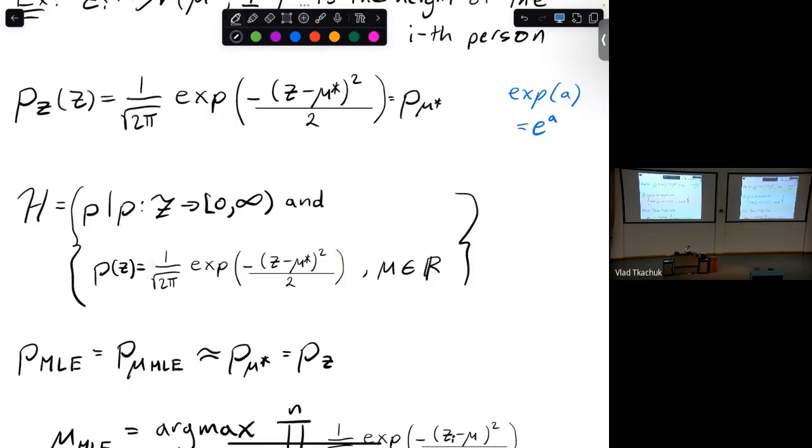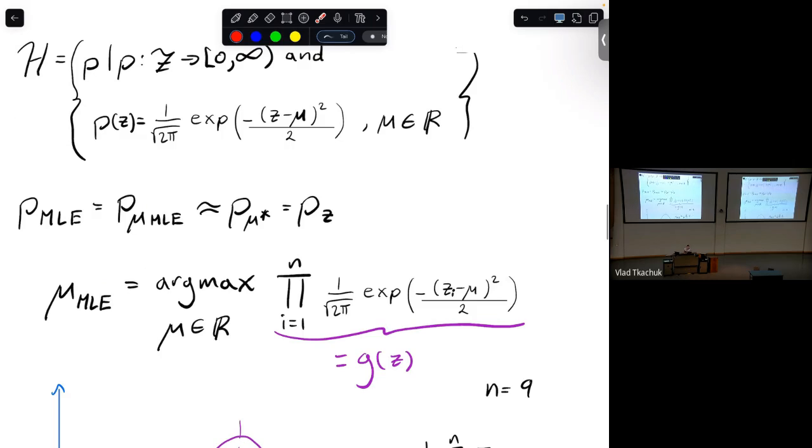And here I made a mistake, which is that this mu star in here is just mu. So each function in here has the following form for any mu in R. And mu star, of course, belongs to here, but it's only one of infinitely many choices for mu.